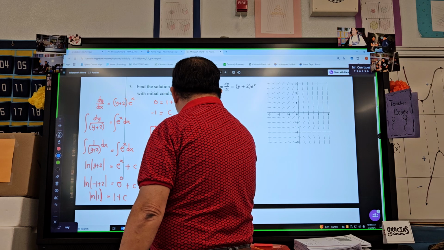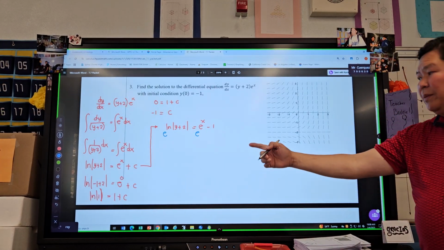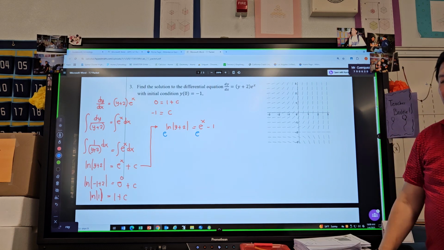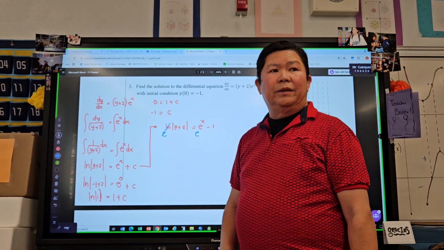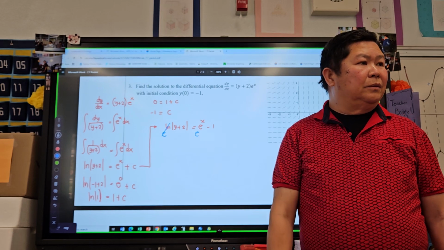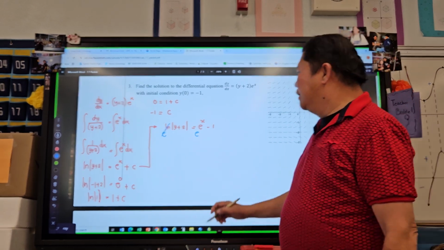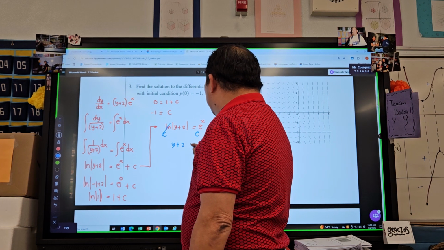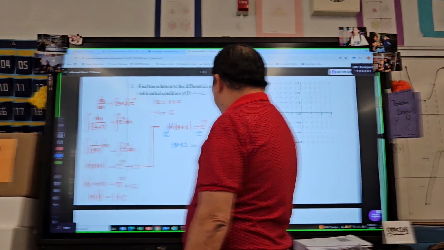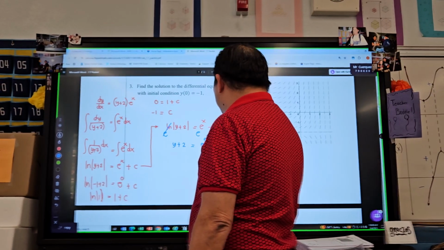So exponentiating both sides like this now, this undoes the ln, right? So we have y plus 2 is equal to e to the power of x minus 1.